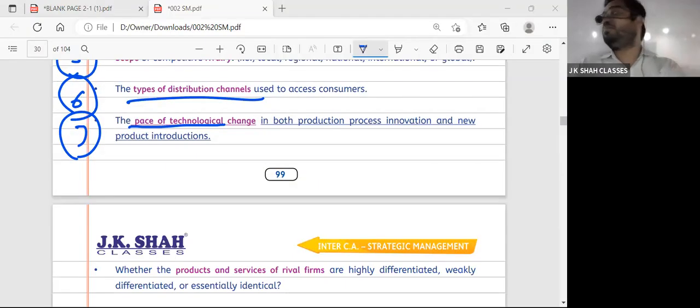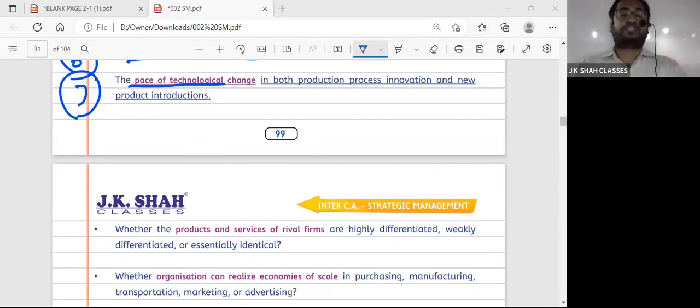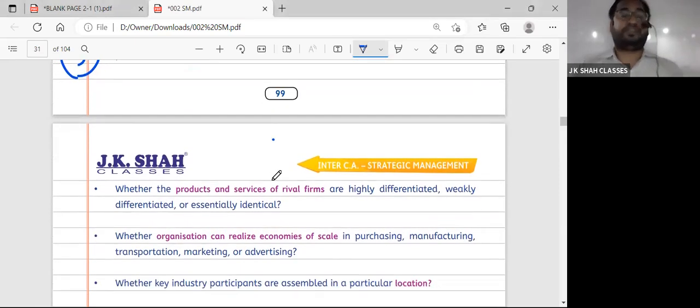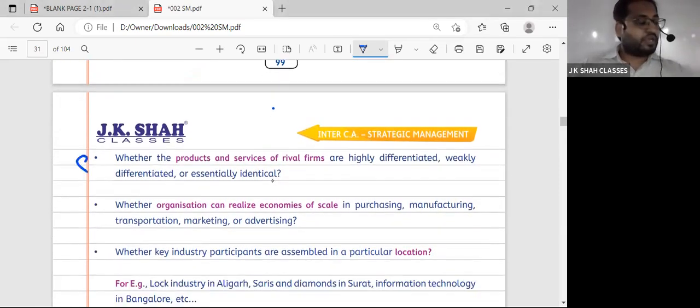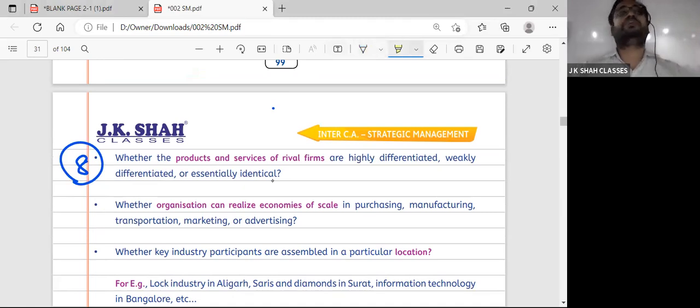So dominant economic features, 7 points completed. Let's talk about the remaining 7. 8. Whether a particular product that you are selling or you are going to sell is the same or different? For example, Poco Mobiles launched their mobile phones. Do you think it was different?